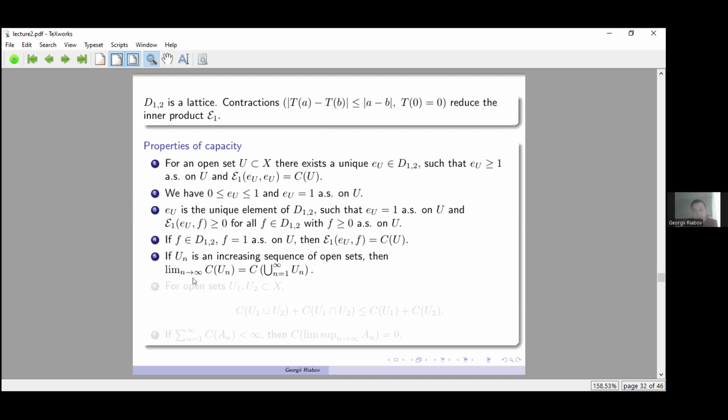Next, if U_n is an increasing sequence of open sets, then the limit of capacities of U_n equals the capacity of the union. We have the following property of capacity: the capacity of the union plus the capacity of the intersection is less or equal to the capacity of U1 plus the capacity of U2.